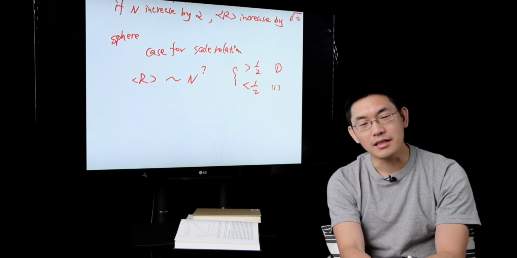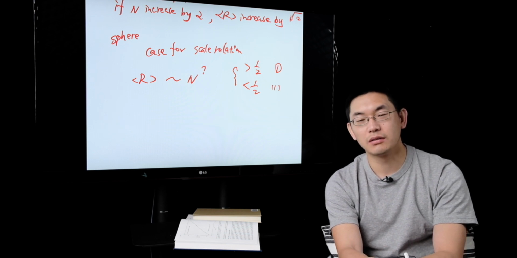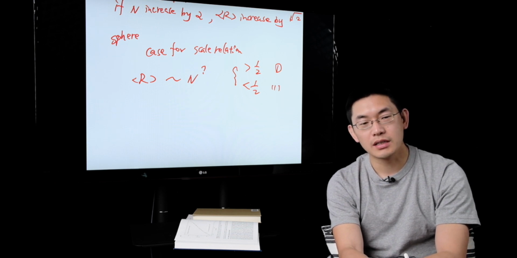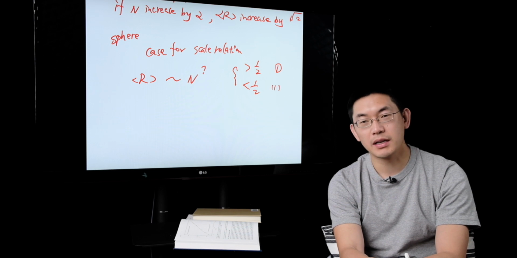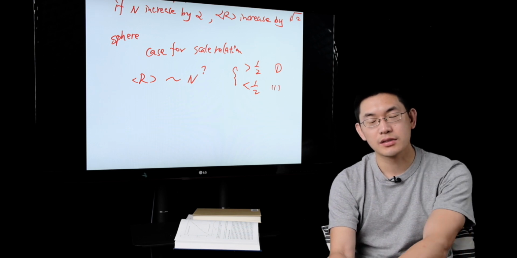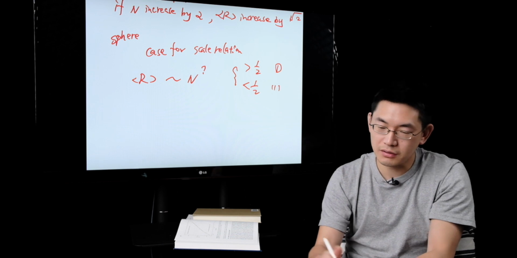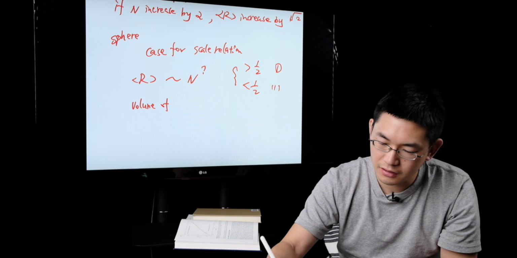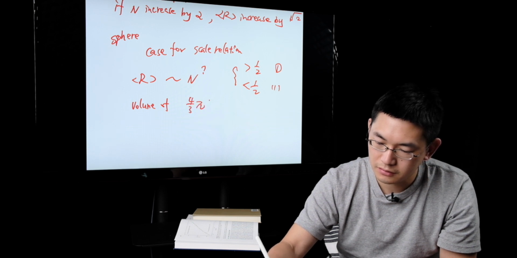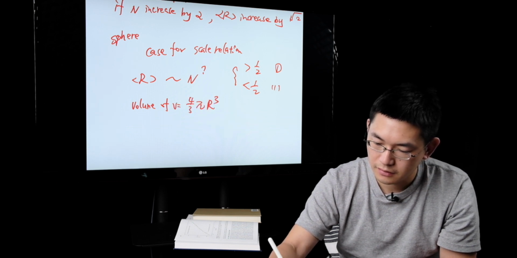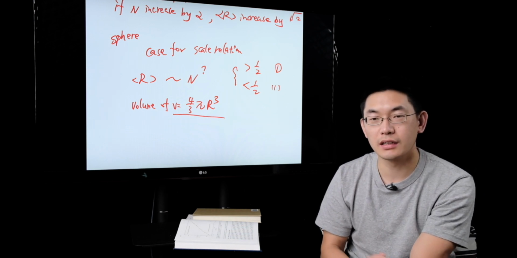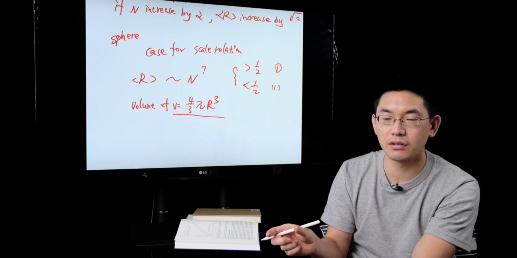Well, if it's already a compact sphere and everything is condensed, the volume of a sphere would be equal to this equation, involving the radius of your sphere.